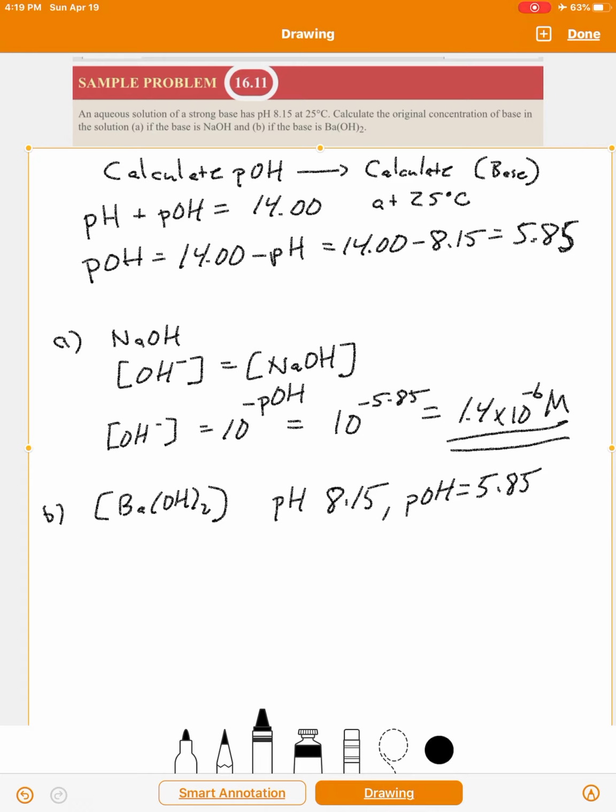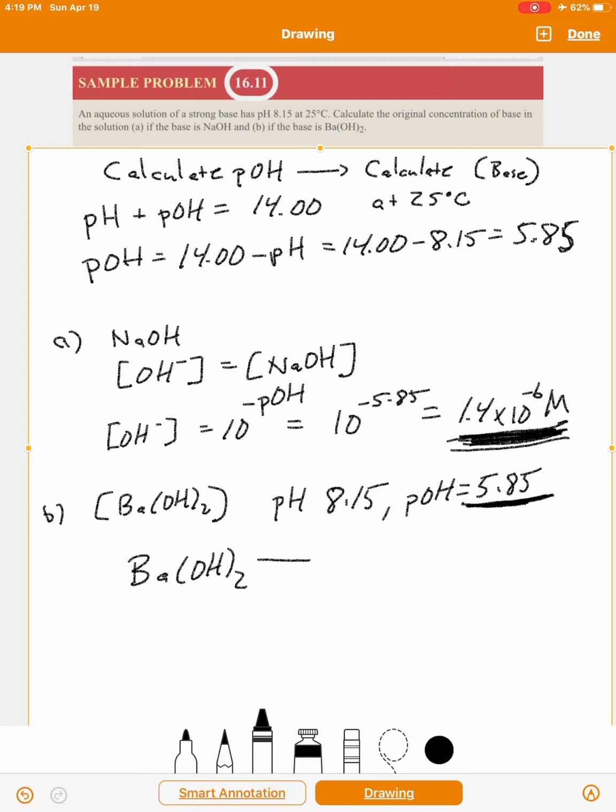If we read the question, it says an aqueous solution of a strong base has a pH of 8.15. So that's the same pH value. Now we want to find out what the concentration of barium hydroxide would be. But we're figuring it out from the hydroxide. If the pOH is 5.85, that's the concentration of hydroxide, right? So what's the concentration of barium hydroxide? Well, let me show you.